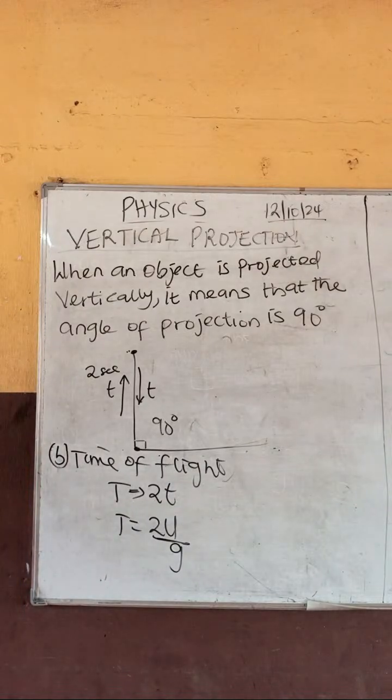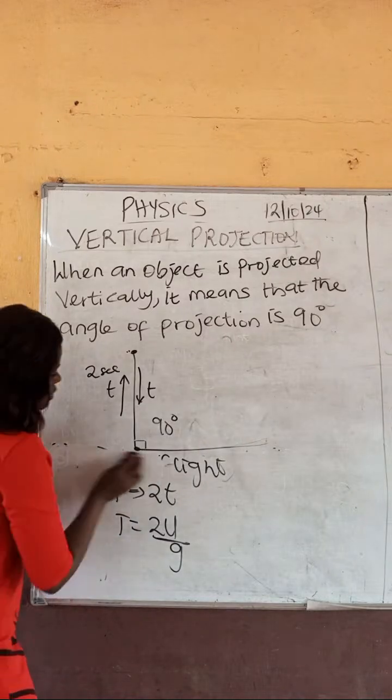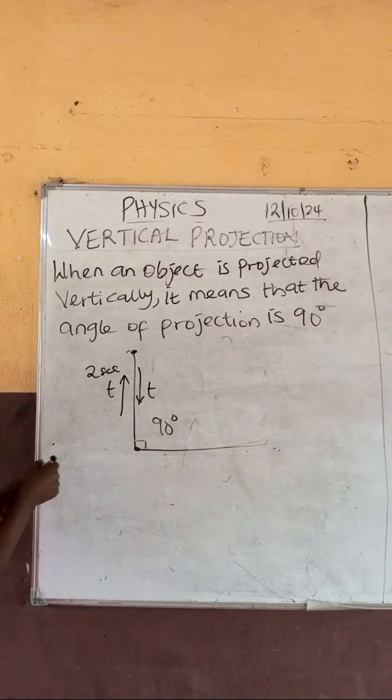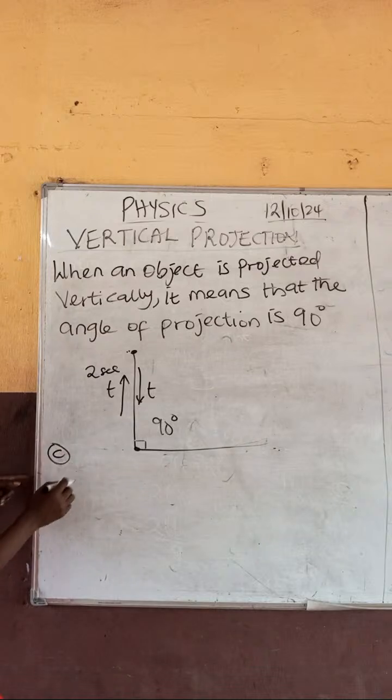Okay? So since my angle is equal to 90 degrees, the sine will go. So we are left with this. All right. So the next I'm going to look at becomes my height.